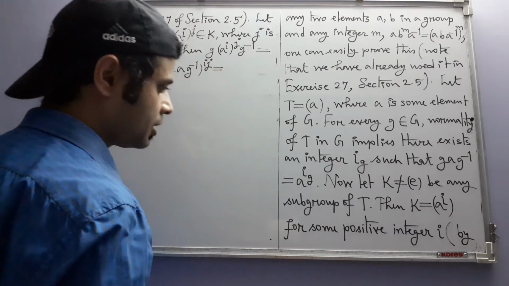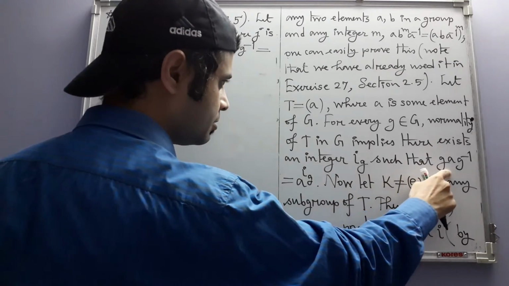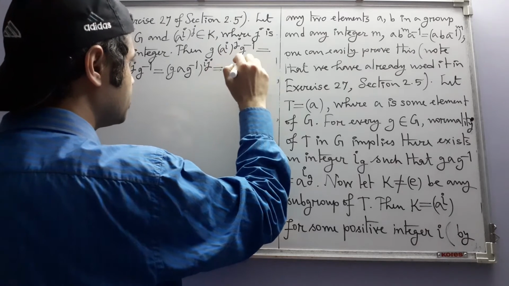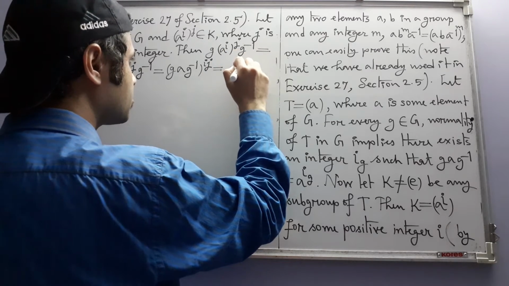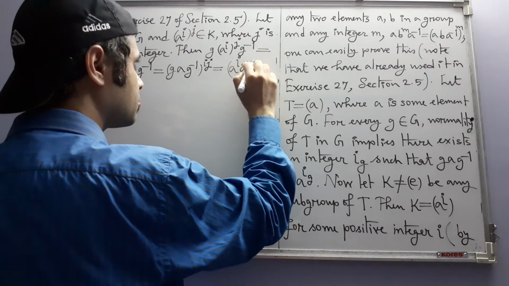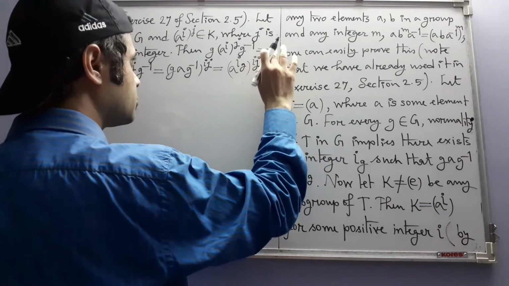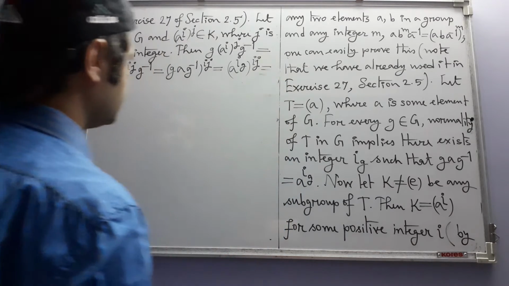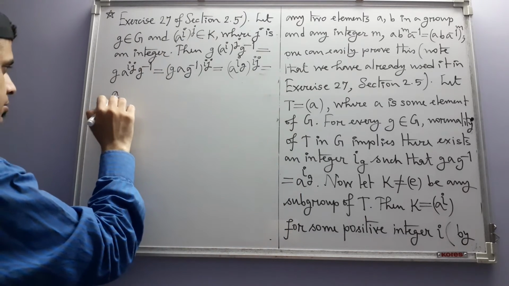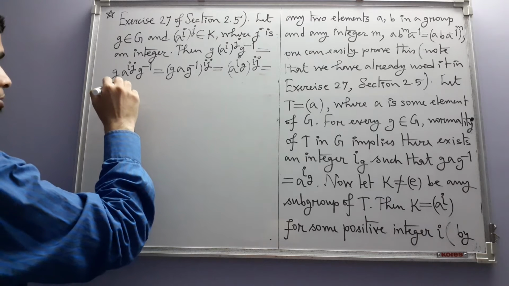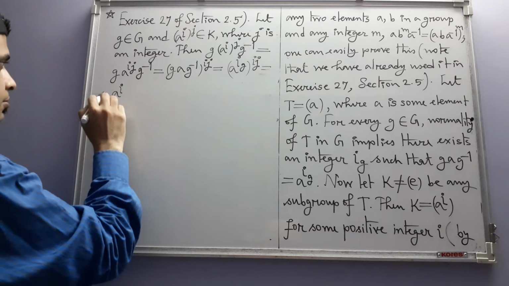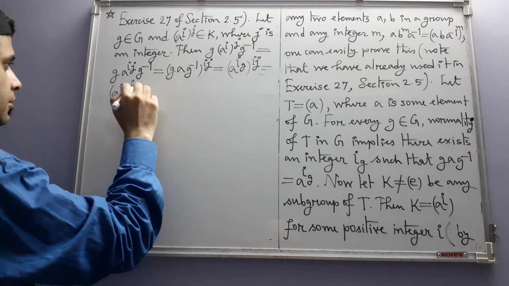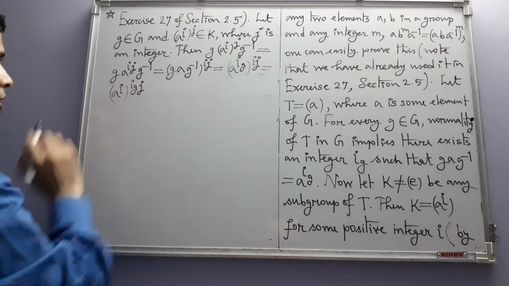But at the same time we have this g inverse is a to the power ig. So again, using that rule of exponent, this can be written as a to the power i whole to the power ig times j.